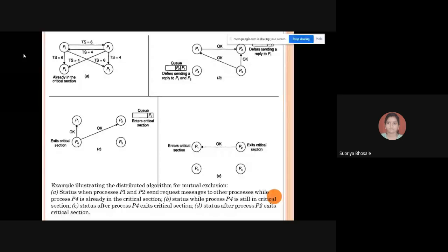ओके. सो तर काय होणार आहे की प्रत्येक सिस्टीम, आता ही डिस्ट्रीब्युटेड सिस्टीम आहे बरोबर आहे. So each and every system will be aware how many other systems are there in your total distributed system, right?